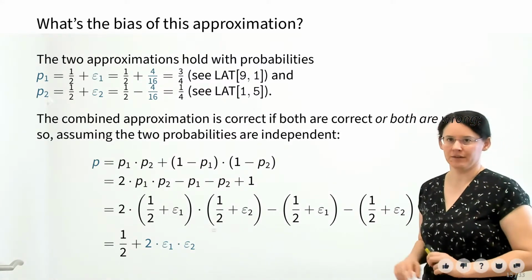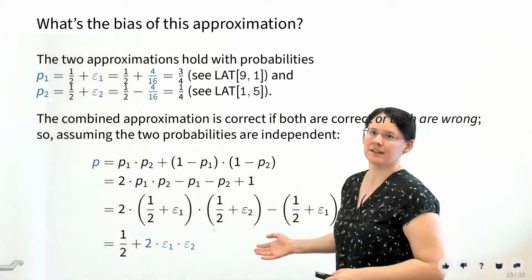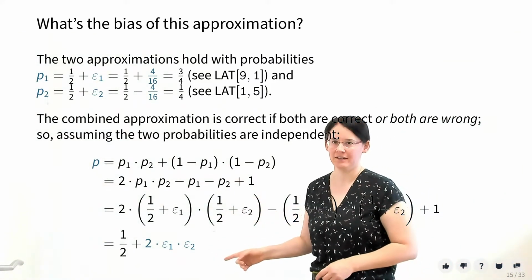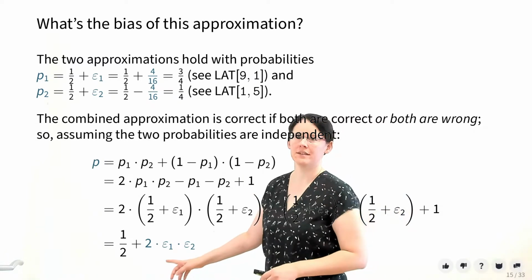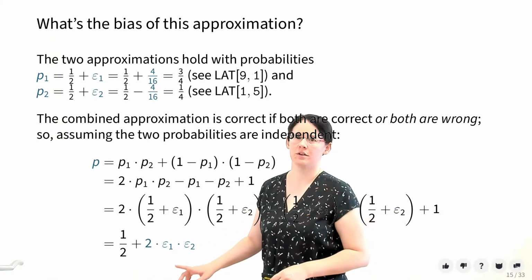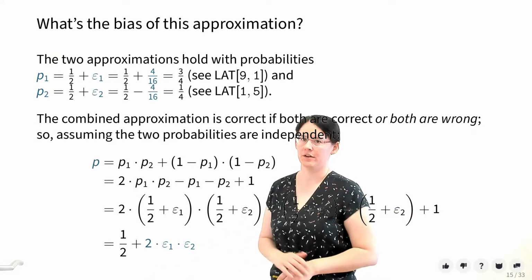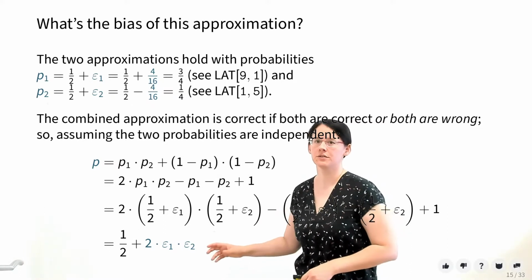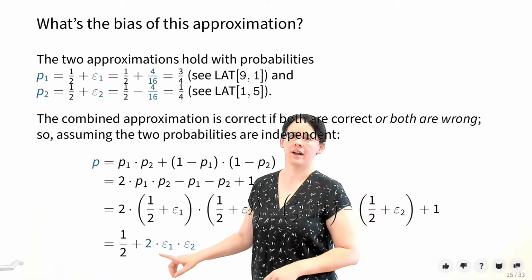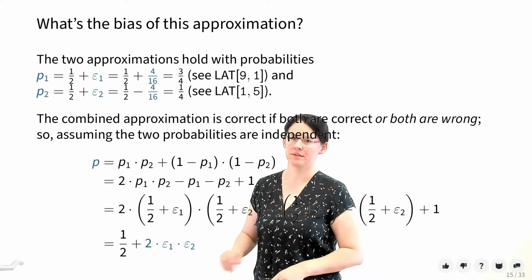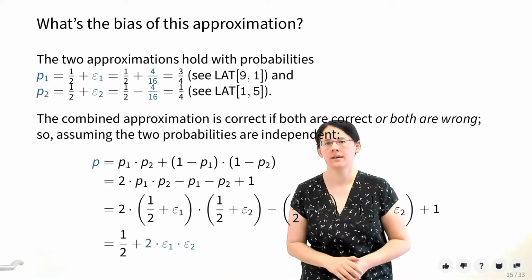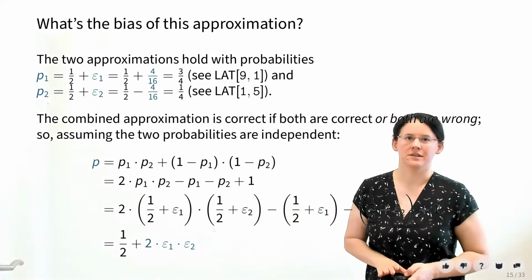And if I do that, what I get as a result is that this probability that I get equals 1/2 plus 2 times epsilon 1 times epsilon 2. So the new bias is 2 times the old bias 1 times the old bias 2, instead of just the product or something else.